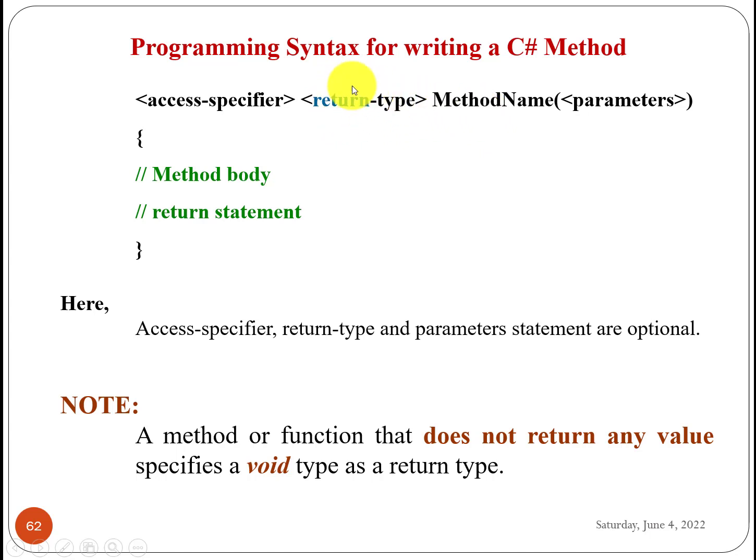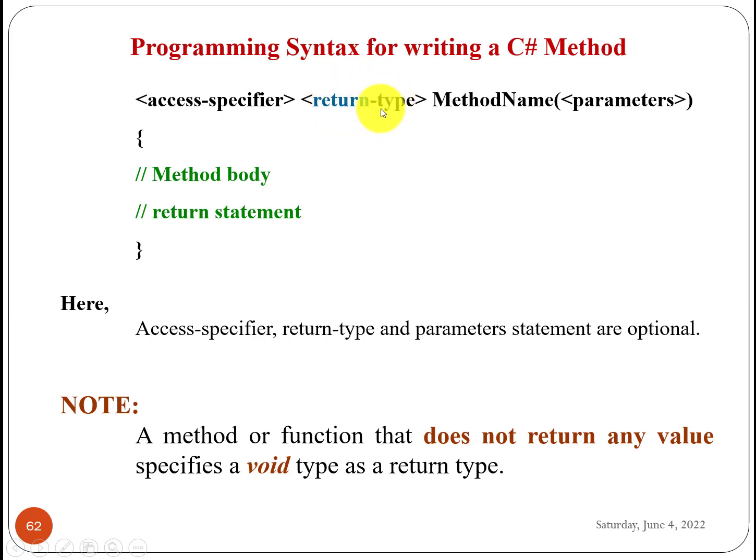Maybe integer type, void type, string type, boolean type, any type. But you should be careful about the return type and the data type. Data type is integer, float, double, boolean, but void is not a data type. So you should not be confused between the return type and the data type.